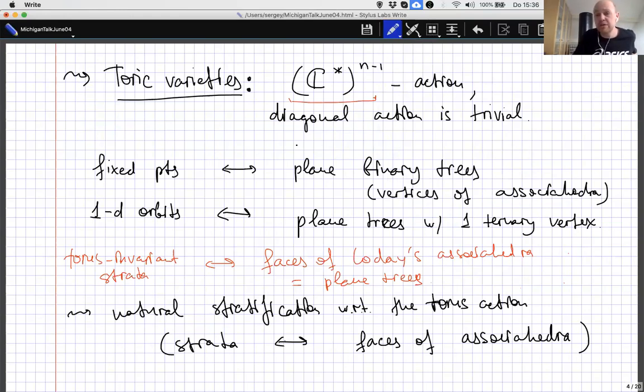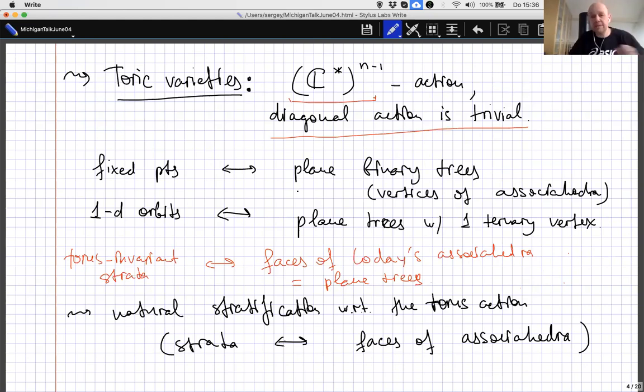But because they all lie in the hyperplane given by the sum of coordinates equal to (n-1) factorial, I know that when I look at the natural torus action on the varieties that I construct, the diagonal action should be trivial.